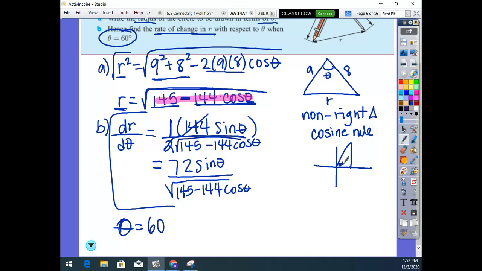In a 60-degree triangle, we have 1, 2, square root of 3. So if I want to find sine of 60, I would probably write this out, plug in your 60, because then you're going to get credit for plugging it in.